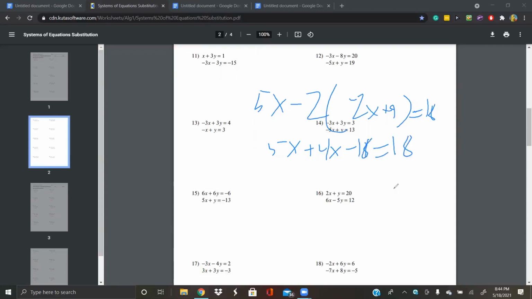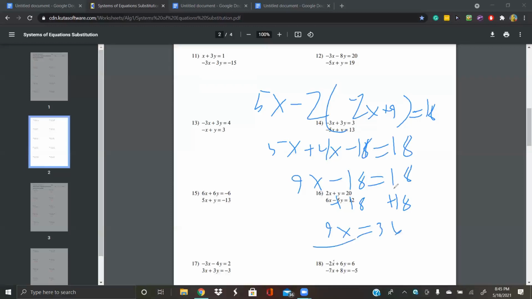And then we will combine the two x's, which leaves us with 9x minus 18 equals 18. So then we'll add 18 on both sides to isolate the x, plus 18. So that leaves us with 9x equals 36.